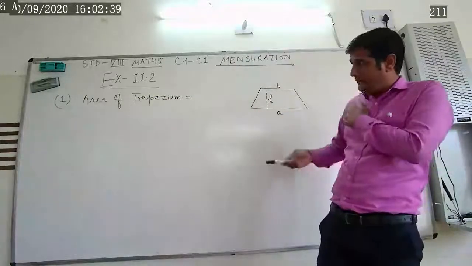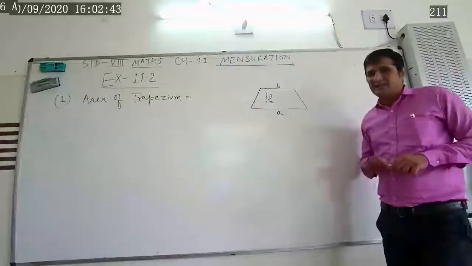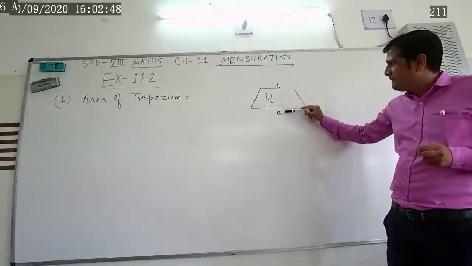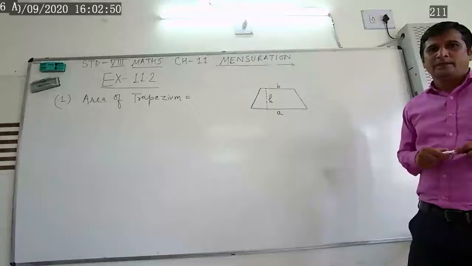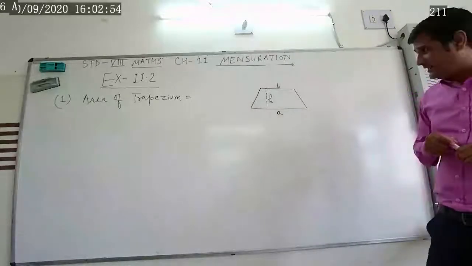So first of all, I have the area of trapezium. The shape of the trapezium is this way. One pair of sides is parallel to each other, and the other two sides are non-parallel.